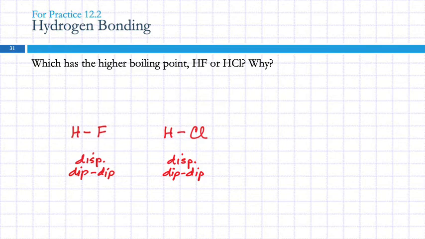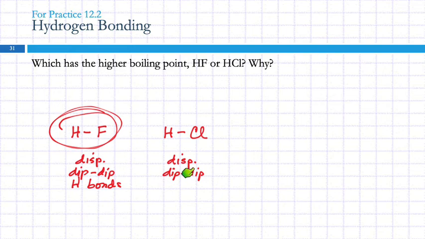Can either of these do hydrogen bonding? Yeah. This one can do hydrogen bonds because ET phone home: fluorine bonded to hydrogen. So this will have the higher boiling point, which is not what the mass would predict, right?